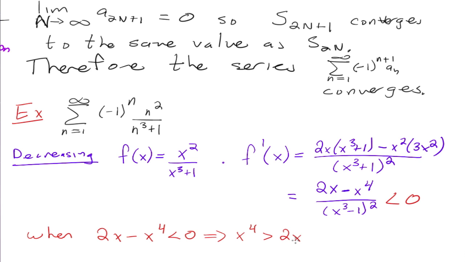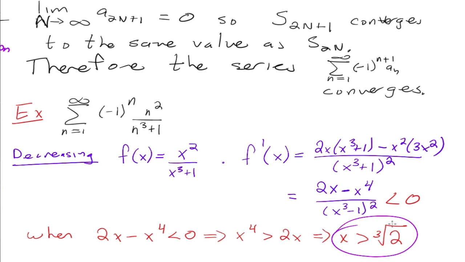Since we're assuming x is greater than 0, if you divide both sides by x and then take the cube root of both sides, you get that x has to be greater than the cube root of 2. So as long as x is greater than the cube root of 2, the derivative is negative, which means that it's decreasing.